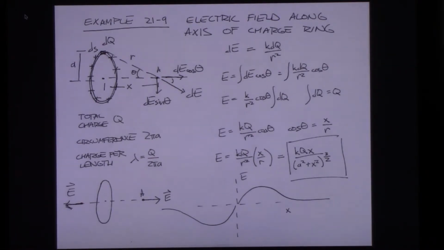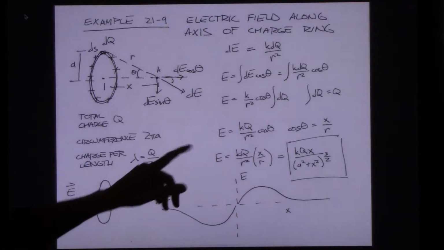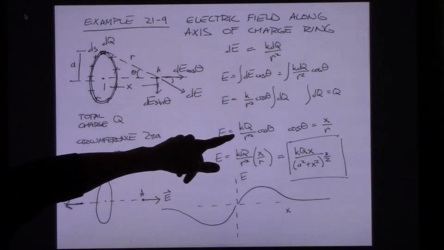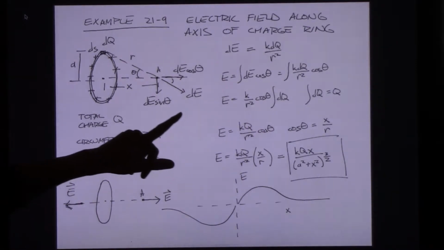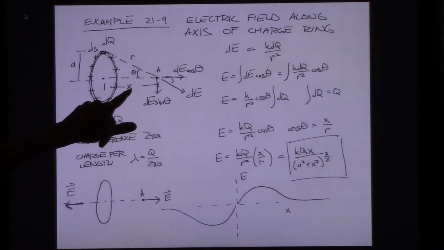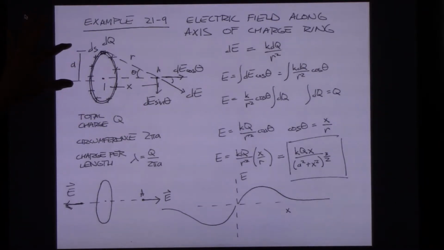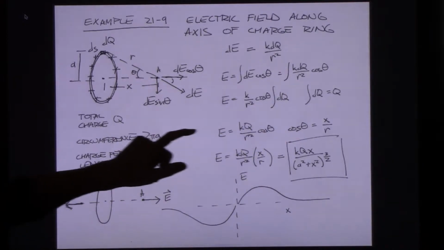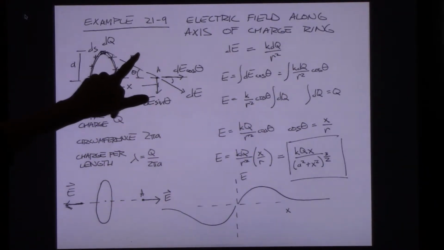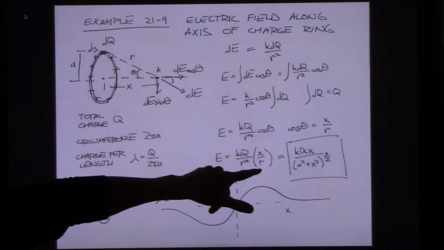So let's try that. I took the formula and I replaced the little r and the theta so that everything is in terms of x and little a. First of all, I recognize that cosine theta is x over r, so I made that substitution.